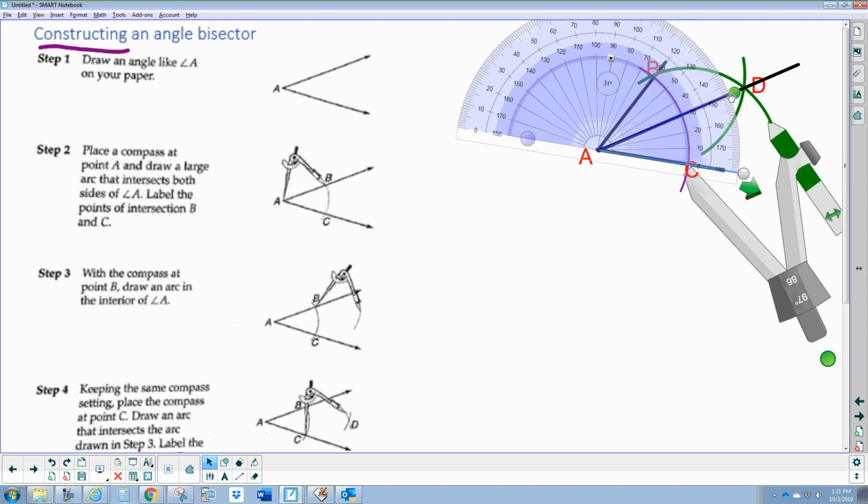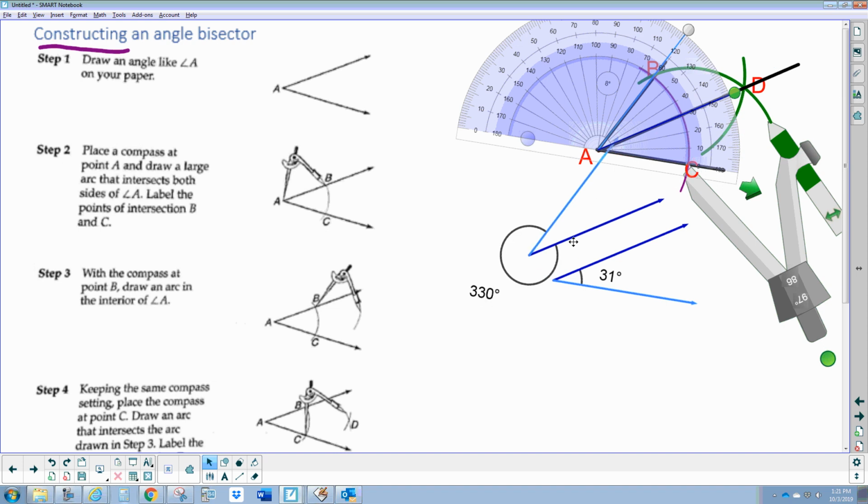And then where my bisector is, it's about 30 degrees. Okay, so there's one of my angles. And here's my whole angle. Oh, that gave me the reflex of the angle. I want just the angle, which you can see here.